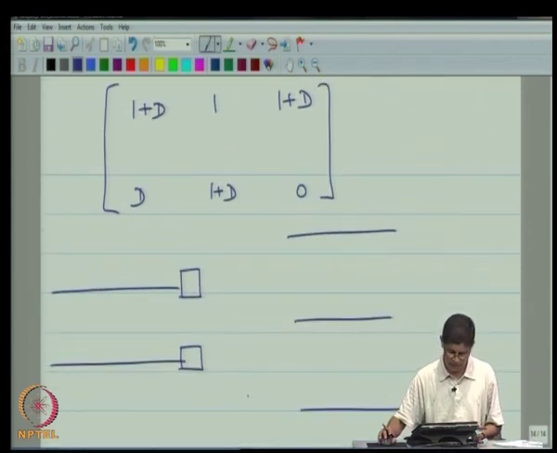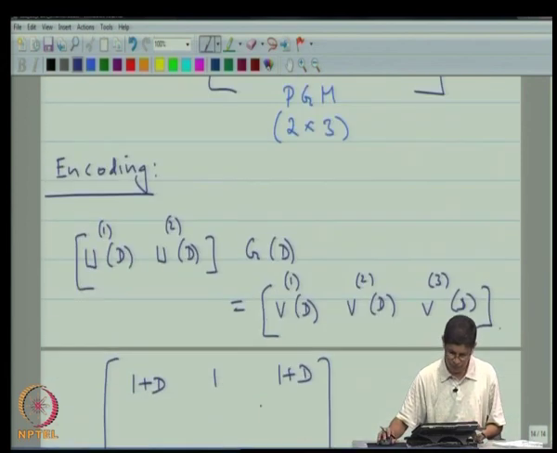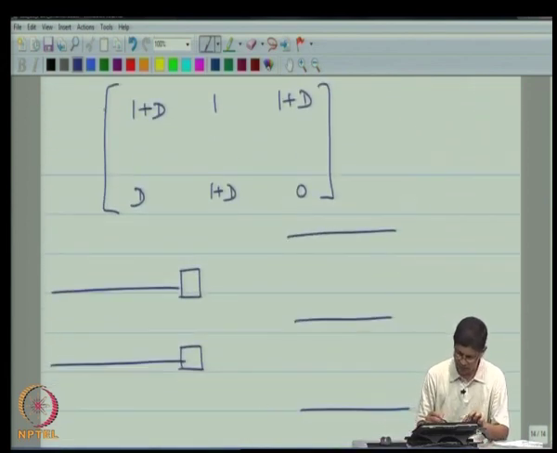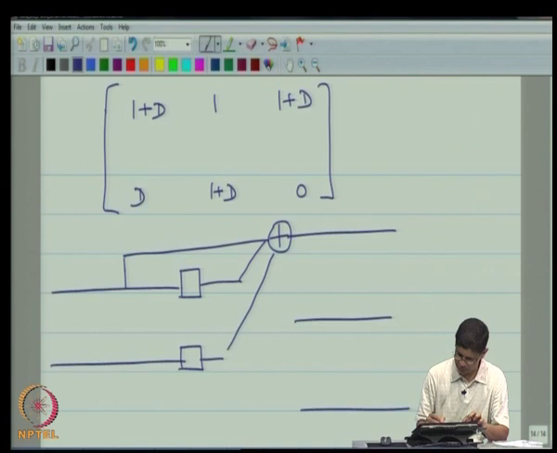So, if you look at this, the first output is 1 plus D times the first input plus D times this. So, here you will derive inputs from before and after the shift register and also the delayed output here.